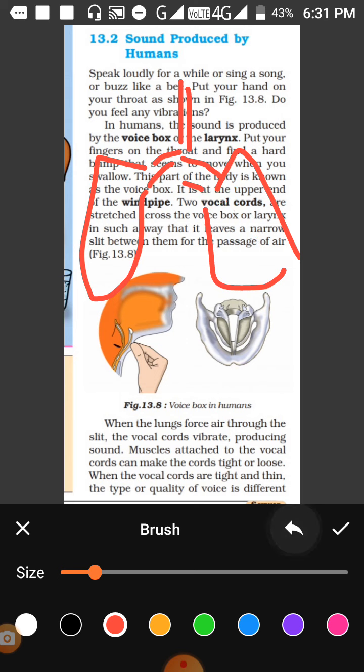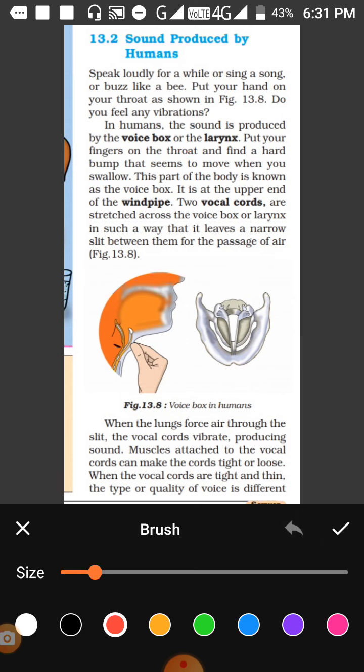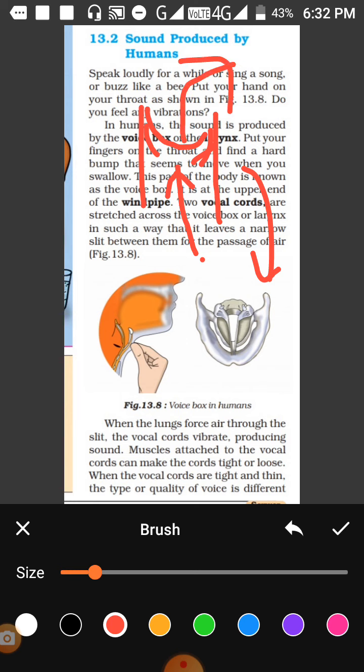Now if we imagine the windpipe is actually a pipe which has these two vocal cords fitted, when the air comes out, it makes these stretched membranes vibrate. When the air comes out, these vibrating vocal cords vibrate and we hear the sound.